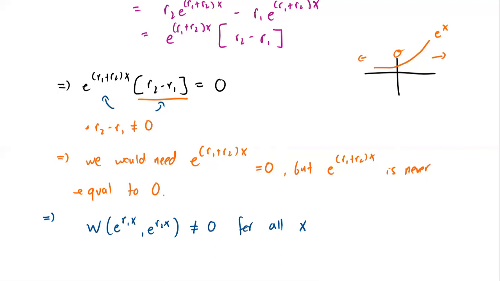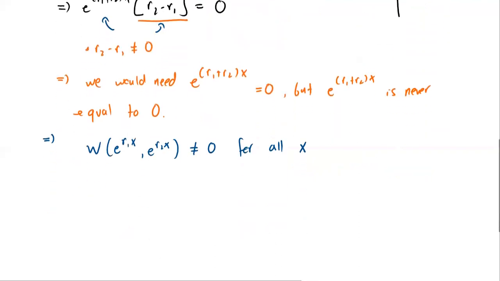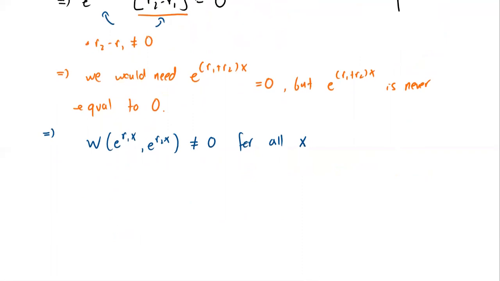Remember, these functions are linearly independent wherever the Wronskian is not equal to 0. So in conclusion, since the Wronskian is never equal to 0, this means that y1 equal to e to the R1x and y2 equal to e to the R2x are linearly independent, which I just write like this, LI for linearly independent, for all real numbers.